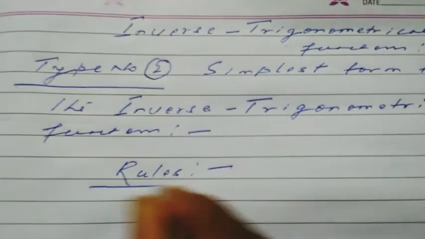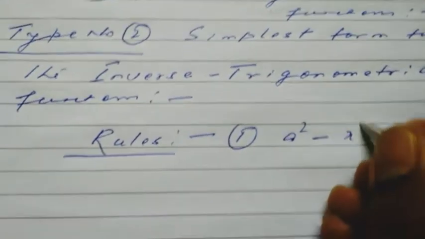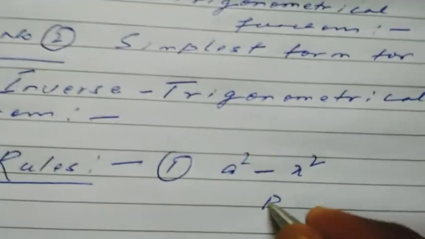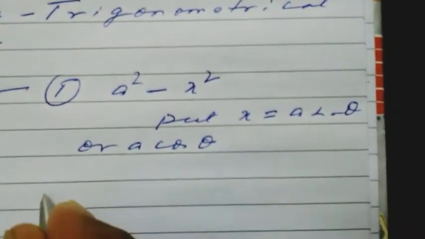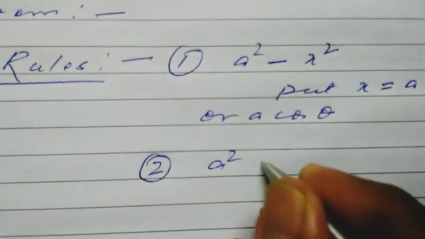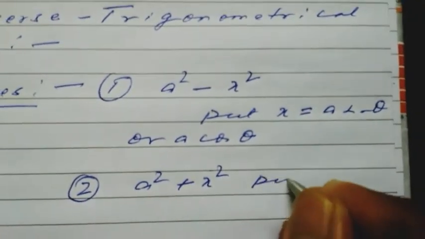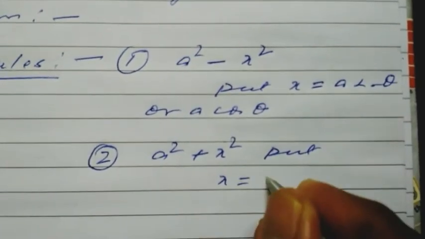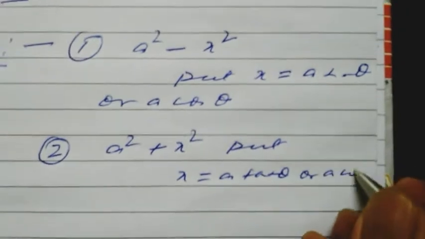Whenever and wherever in mathematics, if you are having a square minus x square, put x is equal to a sine theta or a cos theta. Second, wherever and whenever you are having a square plus x square, put x is equal to a tan theta or a cot theta.